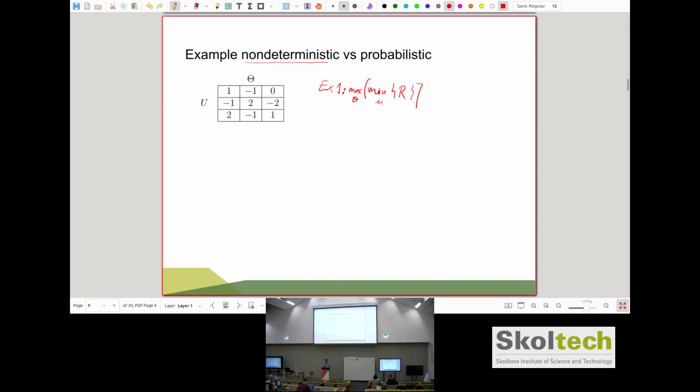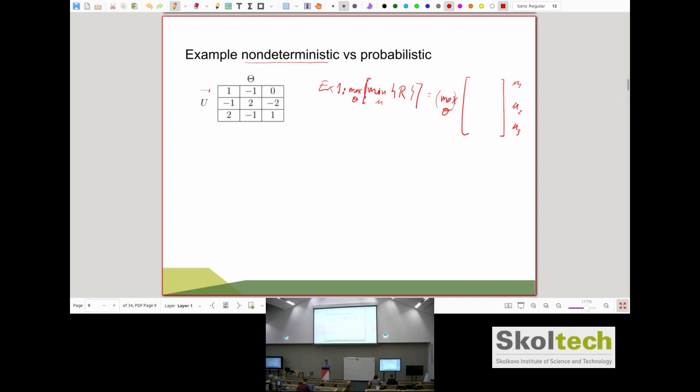Let's say that we choose an action. It's the same example that I showed before. Let me write it like this. I'm just going to write here what the values are. Let's just try to solve it this way.